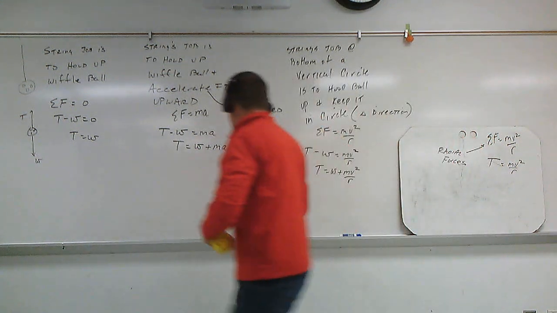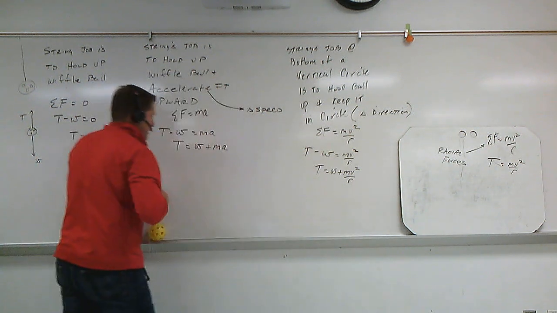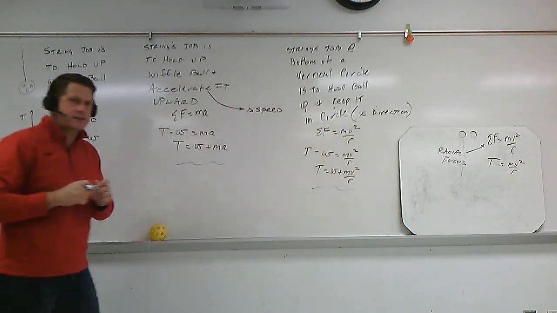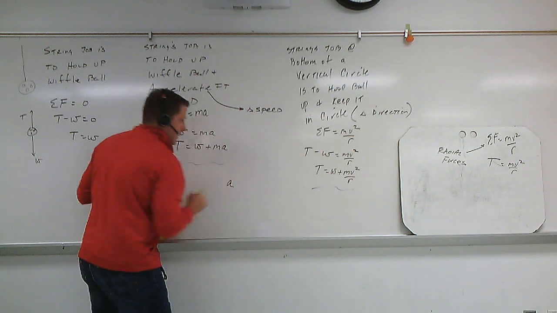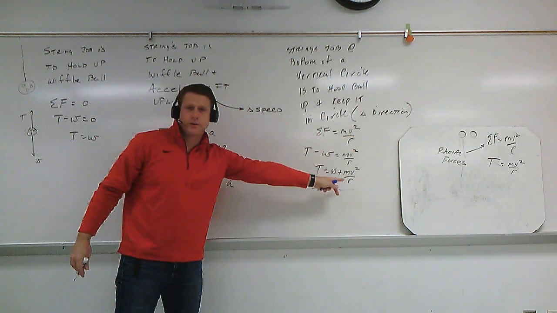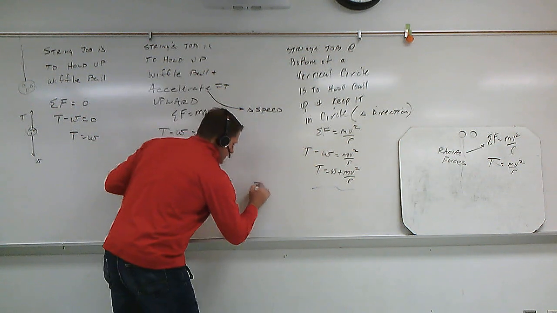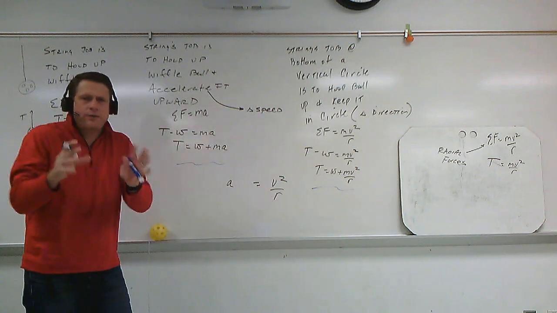Now look at these two statements here. They're super similar. Let me underline them in blue here. The only thing that separates the two is that this one over here has an a in it, and this one over here has a v squared over r. Those two things are basically equivalent to each other.